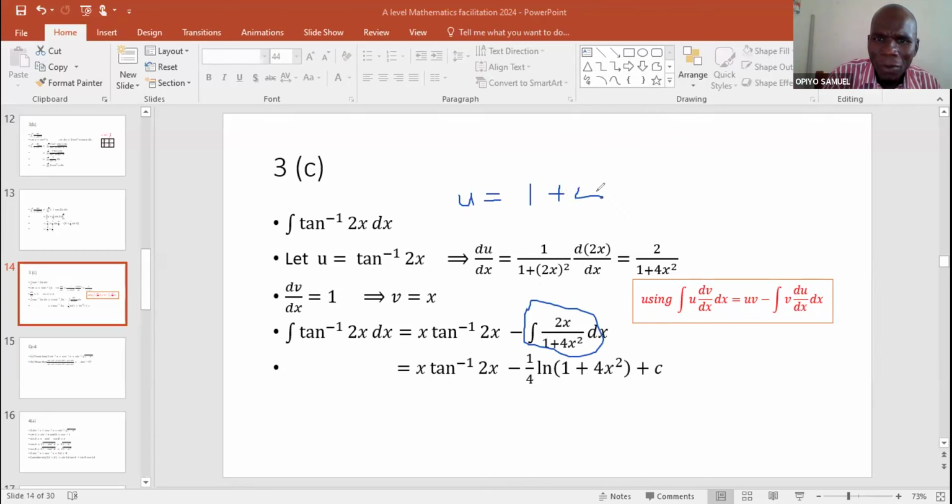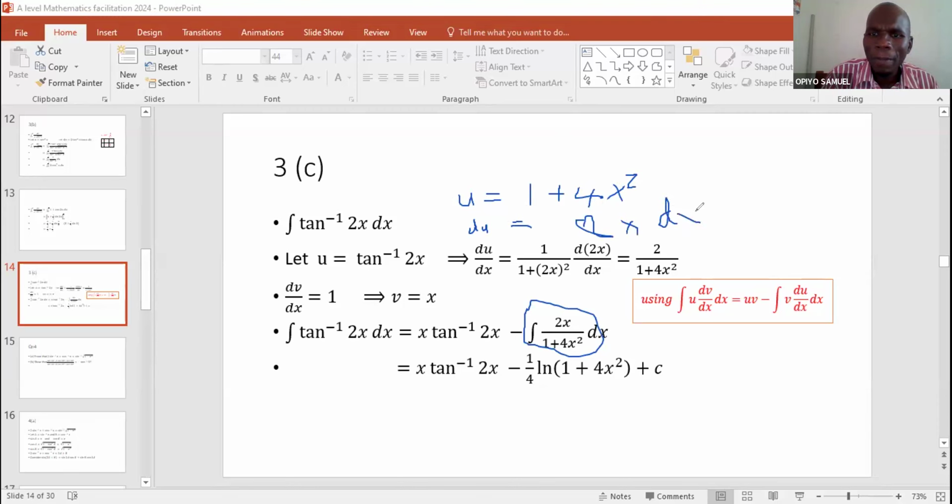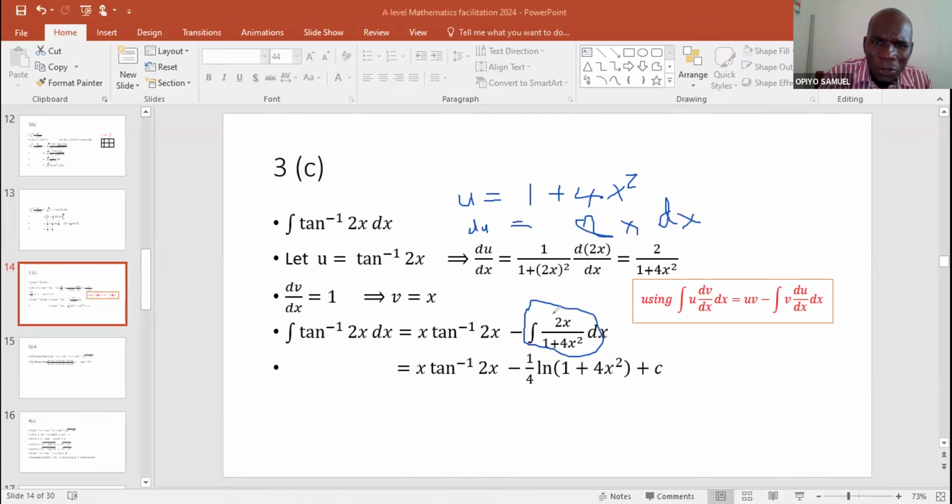u equals 1 plus 4x squared. Now you are changing from x to u. Then you differentiate this side and the other side, which will give us 8x dx. Make x the subject, then later you substitute here.